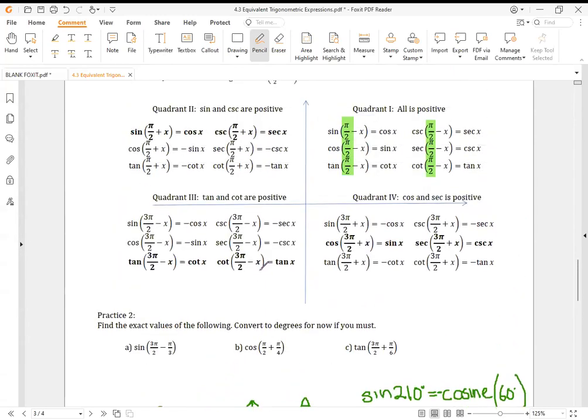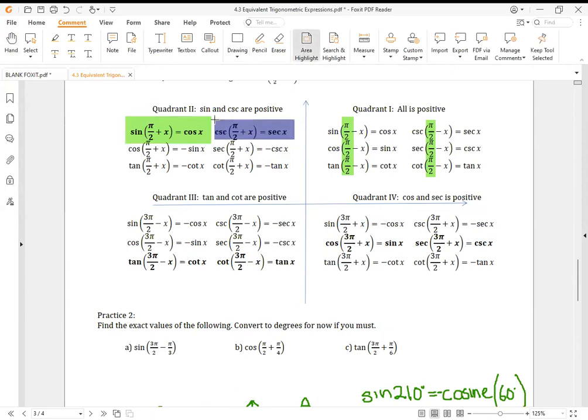Consider this. In this chart, you will notice that if I use the correlated ratio for sine, the correlated becomes positive, it stays positive. The reciprocal ratio for sine is cosecant.